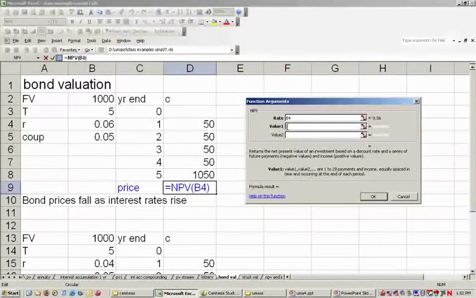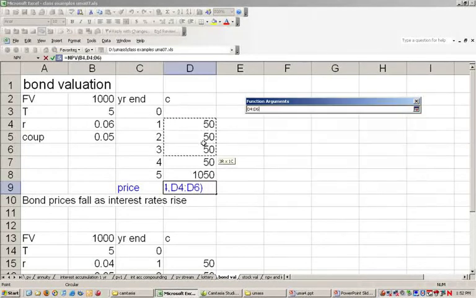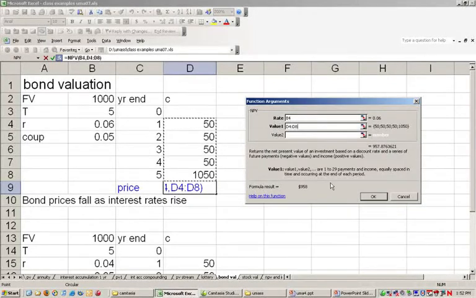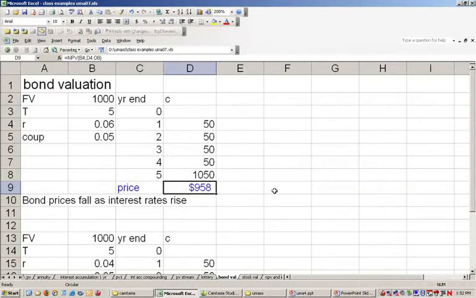The second argument in the NPV function is the stream of cash flows. So I'm going to highlight the cells from years 1 through 5 to indicate the cash flows associated with holding the bond to maturity. Say OK, and we can see we get $958.